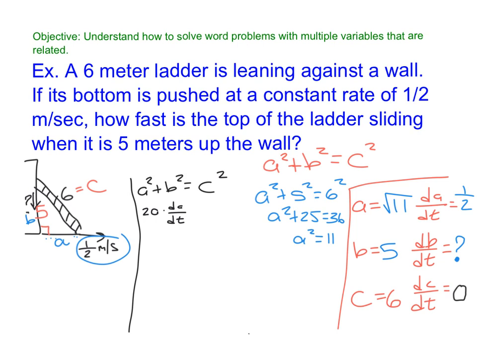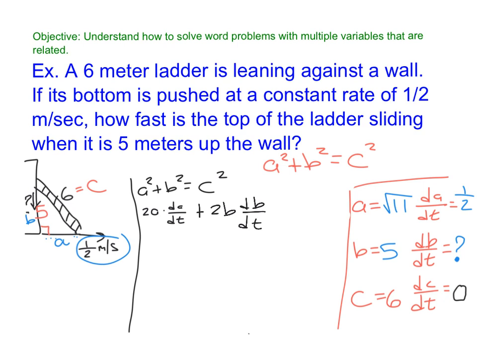I'm going to erase this so I have more space, because this is not going to fit. Plus 2b dB dt equals 2c dC dt. Now, one thing you can do, you can cross all your 2's out if you want. You can leave them. It's up to you.